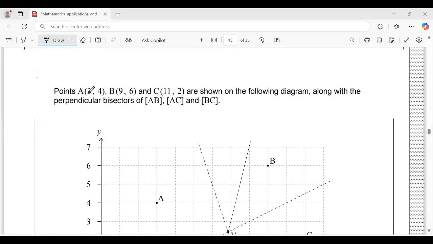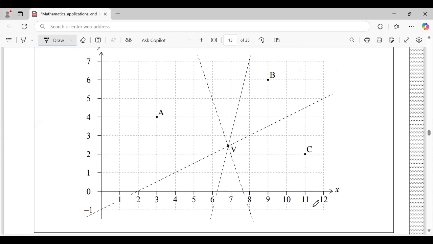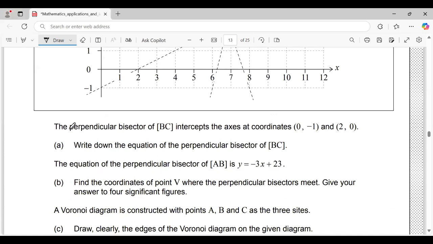Points with coordinates A (3, 4), B (9, 6), and C (11, 2) are shown in the following diagram, along with the perpendicular bisectors of AB, AC, and BC. Okay, this diagram, intersection in C. The perpendicular bisector of BC intercepts the axes at coordinates (0, minus 1) and (2, 0).